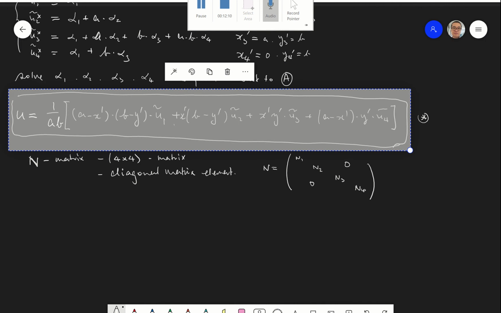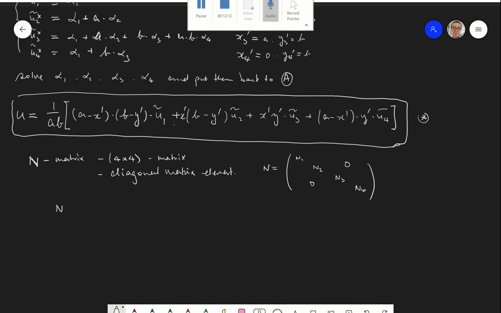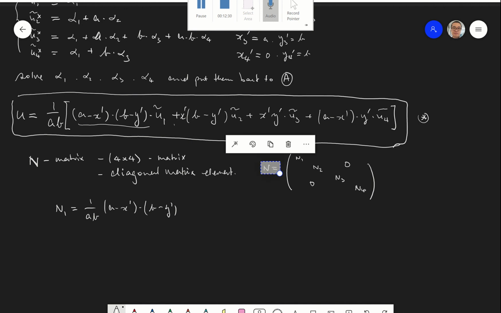What does that give? That basically gives me N1 equal to 1 over AB times a minus x prime times b minus y prime, which is this term. Once you see that, you can straightforwardly work out the other terms. So N2 is 1 over AB times x prime times b minus y prime.